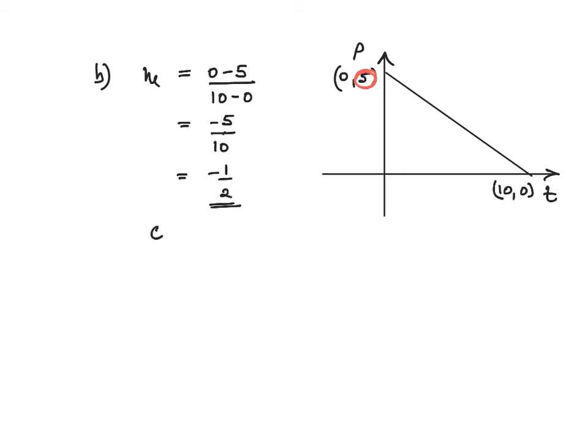So c equals 5. Standard form for the equation of a straight line, y equals mx plus c. But we're going to have to change, because instead of y we've got p, and instead of x we've got t. p equals negative 1/2 t plus 5.